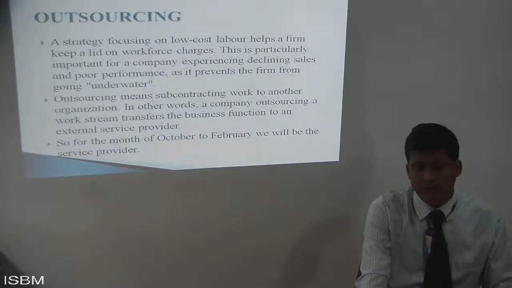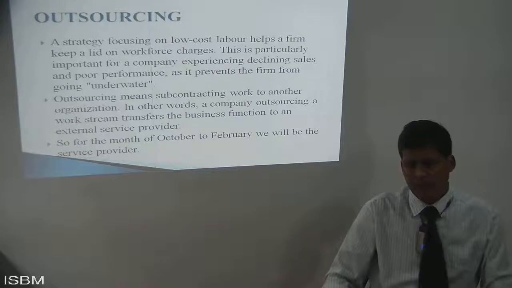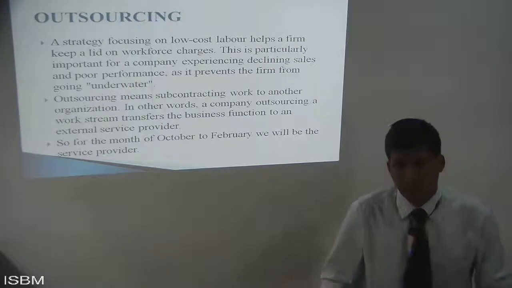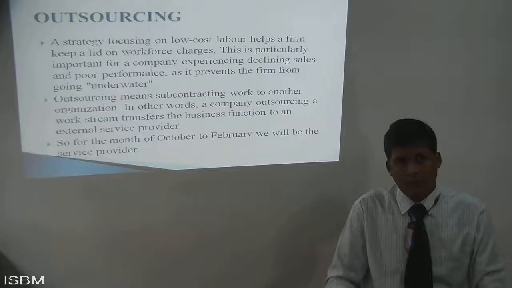This is particularly important for a company experiencing declining sales and poor performance, as it prevents the firm from going underwater. So if a company is going through turbulent times, this is one of the options that the company can think of.